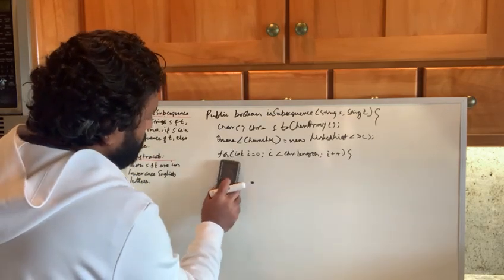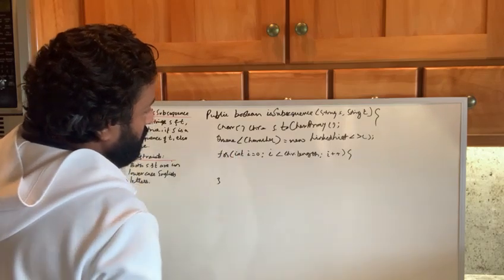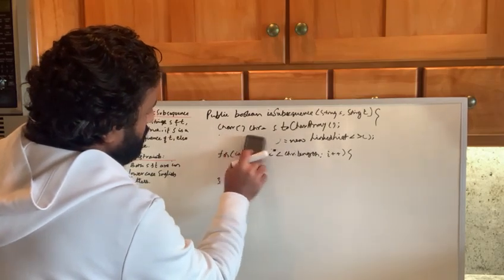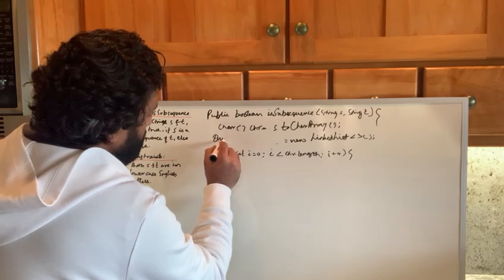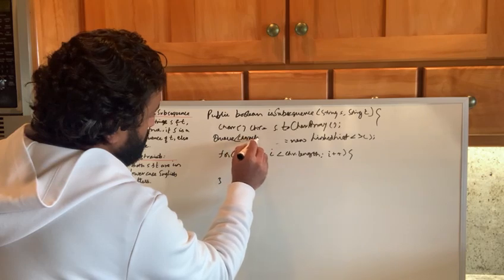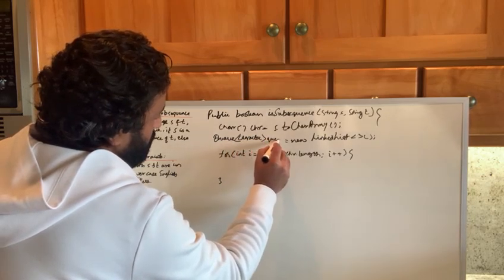We're going to populate the queue. So queue as characters, q is the variable.